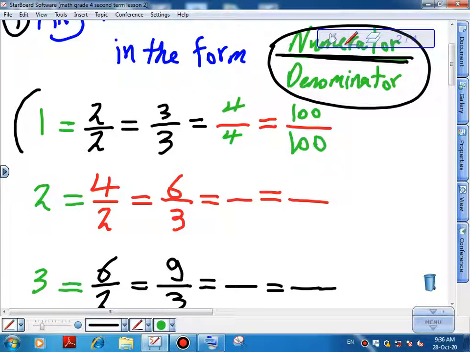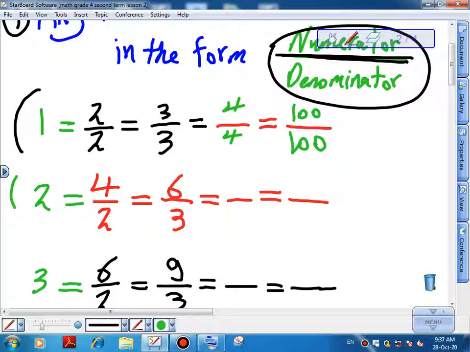The next one, 2. 2 can be written in the form numerator over denominator, like 4 over 2, like the division. What's the meaning of 4 over 2? 4 divided by 2 equals 2.